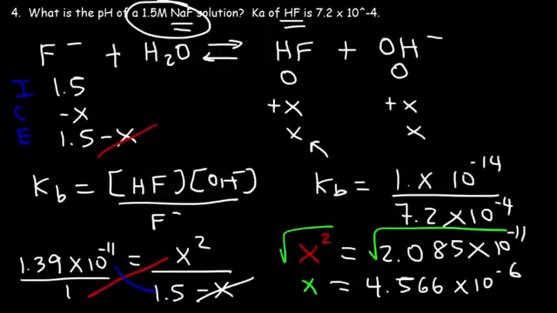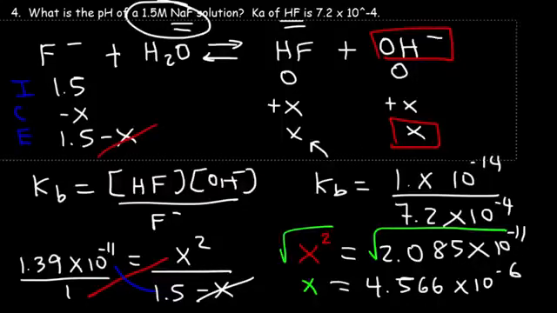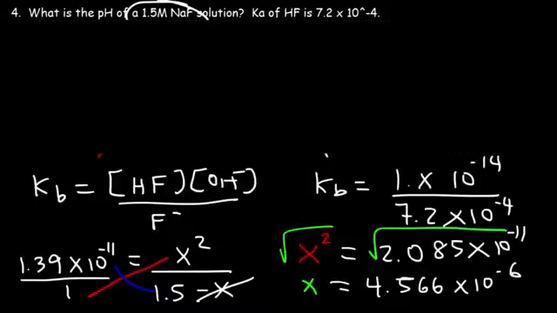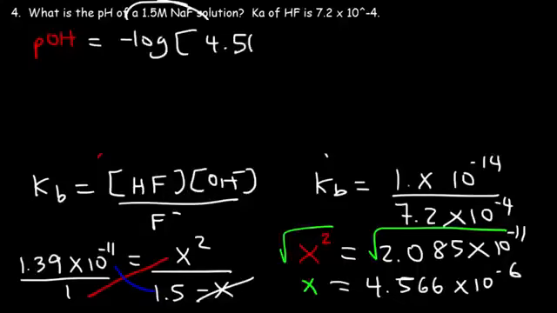Now keep in mind that X is equal to the hydroxide concentration. So we could find the pOH, and then we could find the pH of the solution. So the pOH is equal to negative log of the hydroxide concentration, which is this number. Notice that you see a 6 here.